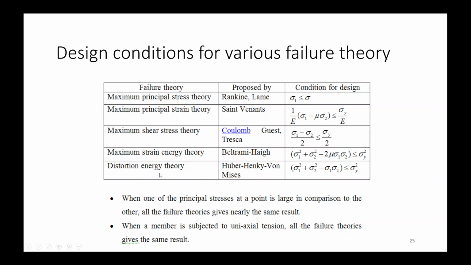In the distortion energy theory, we are using sigma 1 squared. This is again energy, so it is in terms of sigma squared. Now, when one of the principal stresses at a point is large in comparison to the other, all failure theories give nearly the same result. And when we use uniaxial tension loading, these theories also give similar results.